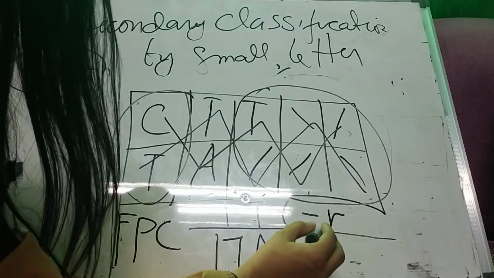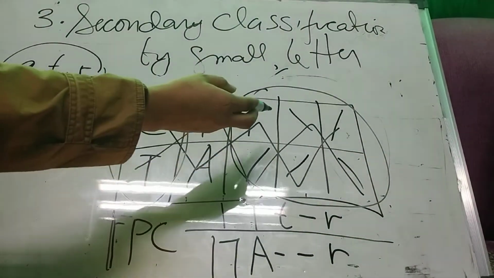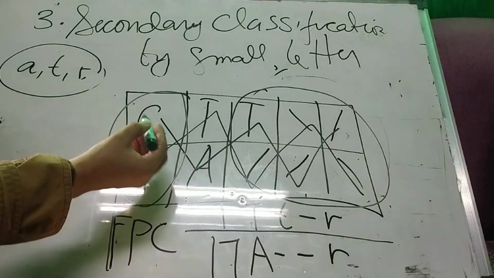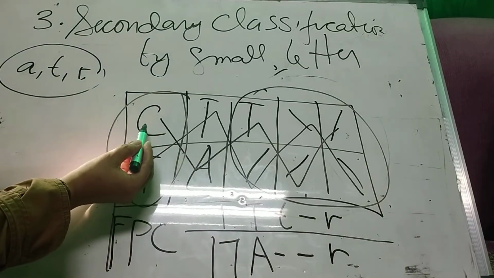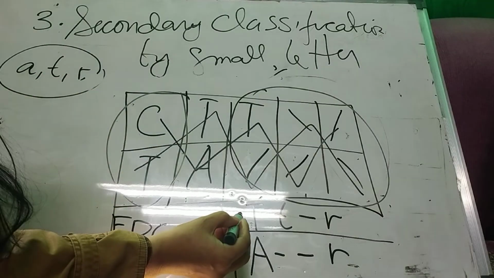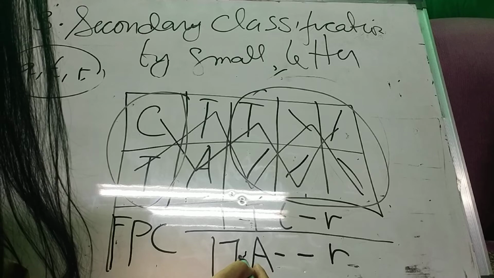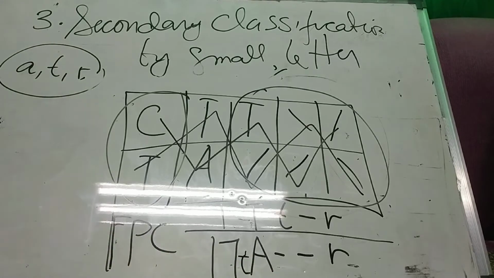And then, is that radial? Yes, of course. So, that will be the answer on this part. How about the thumb? Do not forget the thumb. Since this is letter C, that doesn't belong to ATR, you represent it as a dash, and this one is T. So, that is the answer for the secondary classification by small letter group.